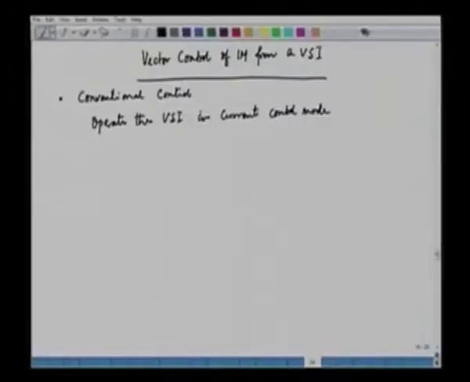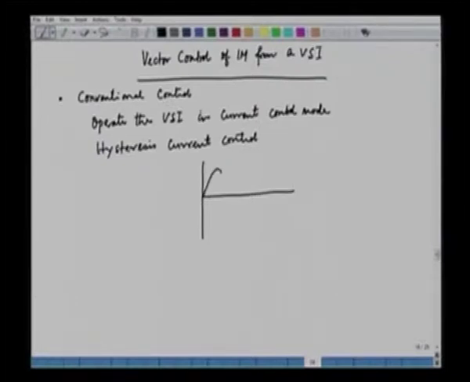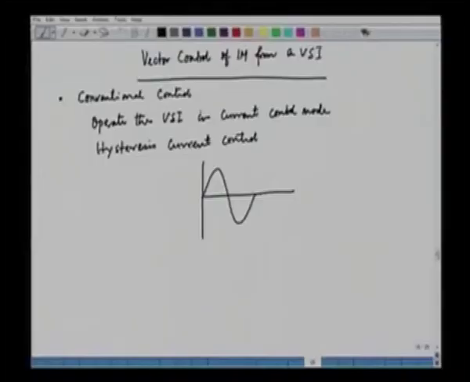So, one of the ways is to go for hysteresis current control. And in this case, what we do here is that, suppose this is our reference current which has to be tracked, this for phase A. Similarly, we can have for phase B and C. We control the actual current within a band. So, this is how the tracking takes place.